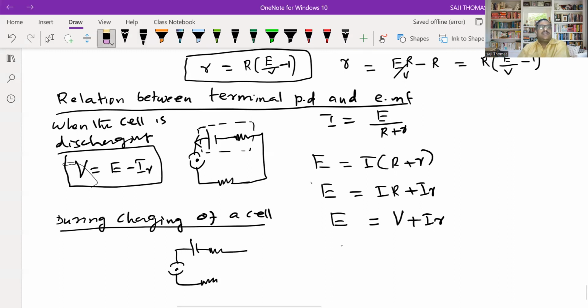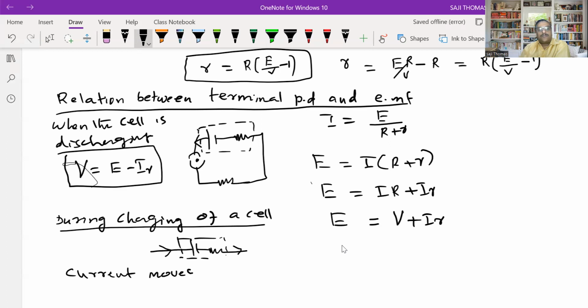See, this cell is being charged. Charging means you have to send current through the cell. So current will move into the cell from an external higher voltage source. During charging of the cell, current moves into the cell.